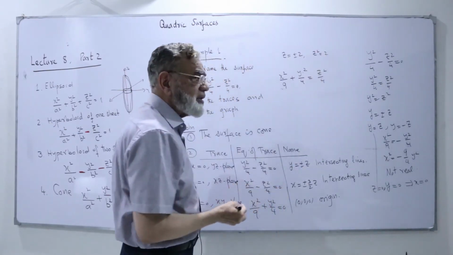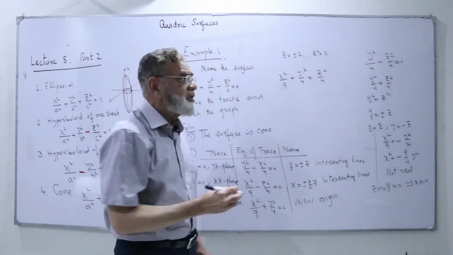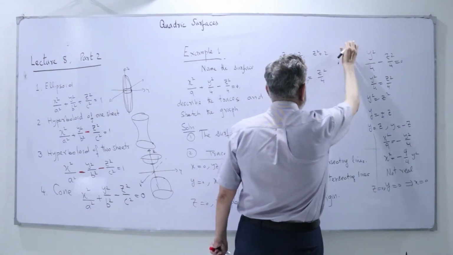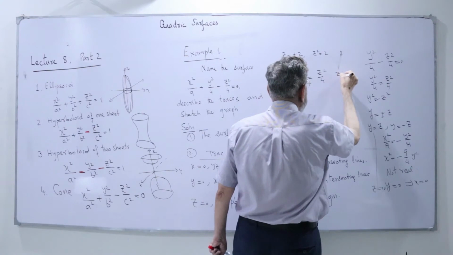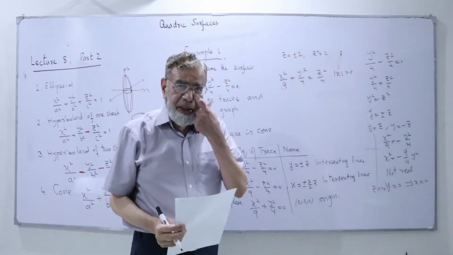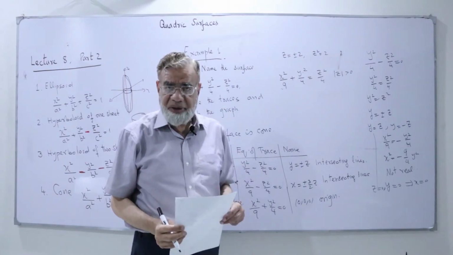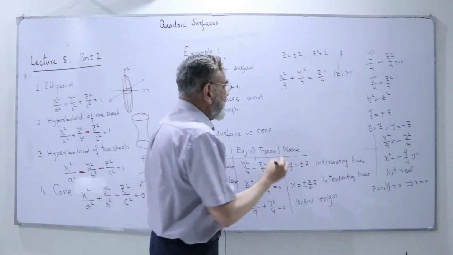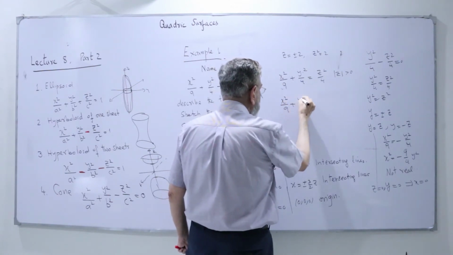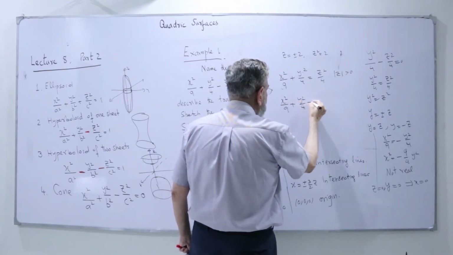Here z is bigger than 0 or less than 0. We say absolute value of z. We take any value of z here. We take the absolute value of z bigger than 0. z can be positive and z can be negative. We'll have the graph. As we see, when we take z equal to 2, what do we get here? We get x square over 9 plus y square over 4 is equal to 1.